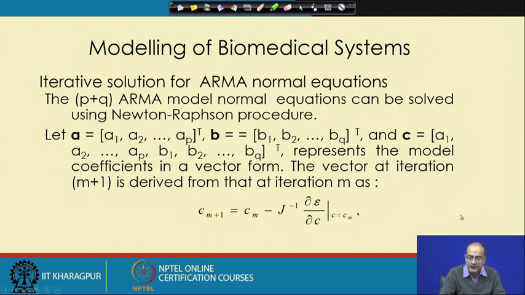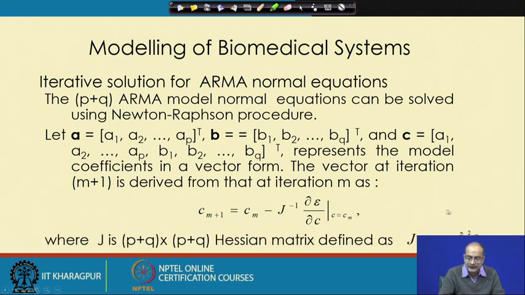So, we have some update rule. At every iteration we update the vector C, with respect to the previous value C_m, we get C_(m+1), and we make use of the Jacobian of eta, rather the Hessian matrix here.